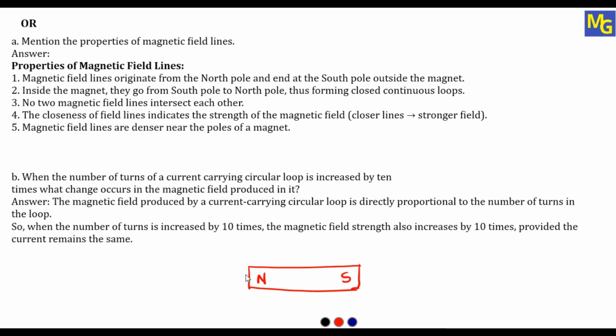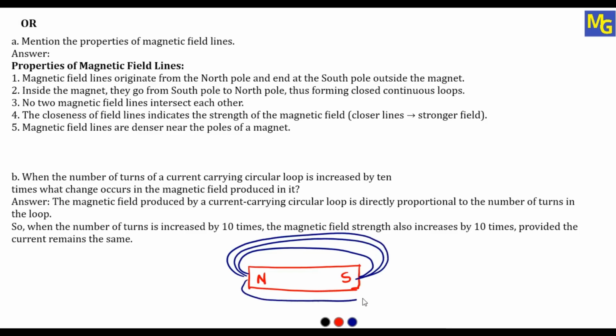Then whatever magnetic field lines are produced, those will be like this. This is first, second. I'll draw three magnetic field lines. It will be easy to explain to you all like this. So see, all these magnetic field lines will originate from the north.